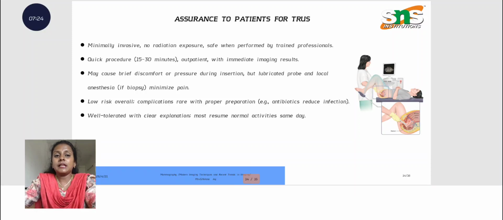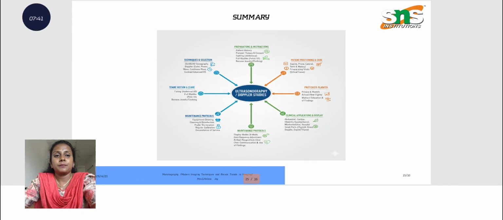The patient may feel discomfort or pressure during insertion, but a lubricated probe and local anesthesia may be given to minimize the pain. It is well tolerated, with clear explanation given to the patient before starting the procedure. Thank you.